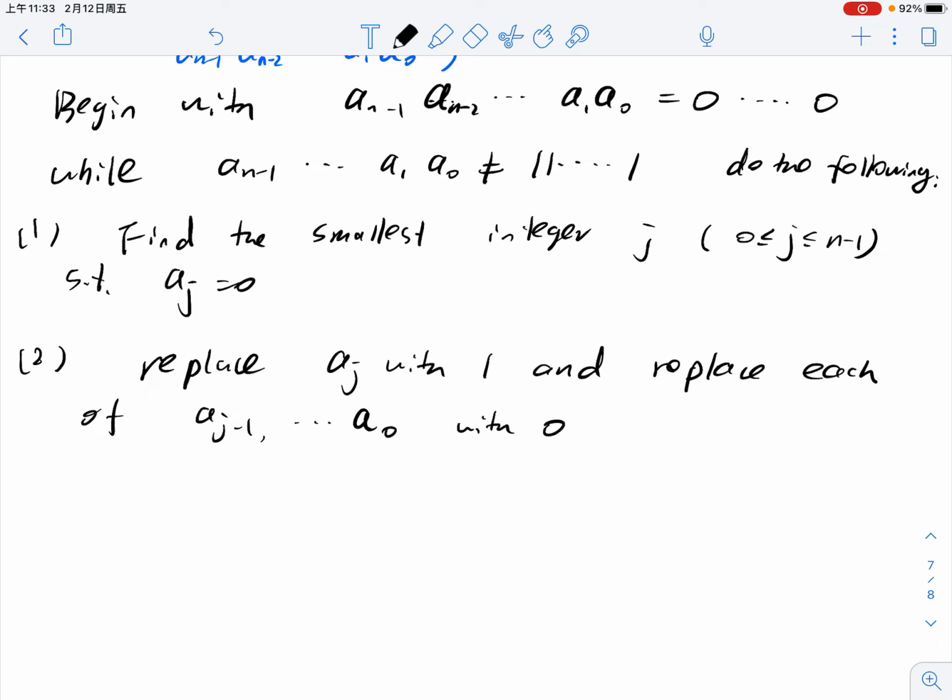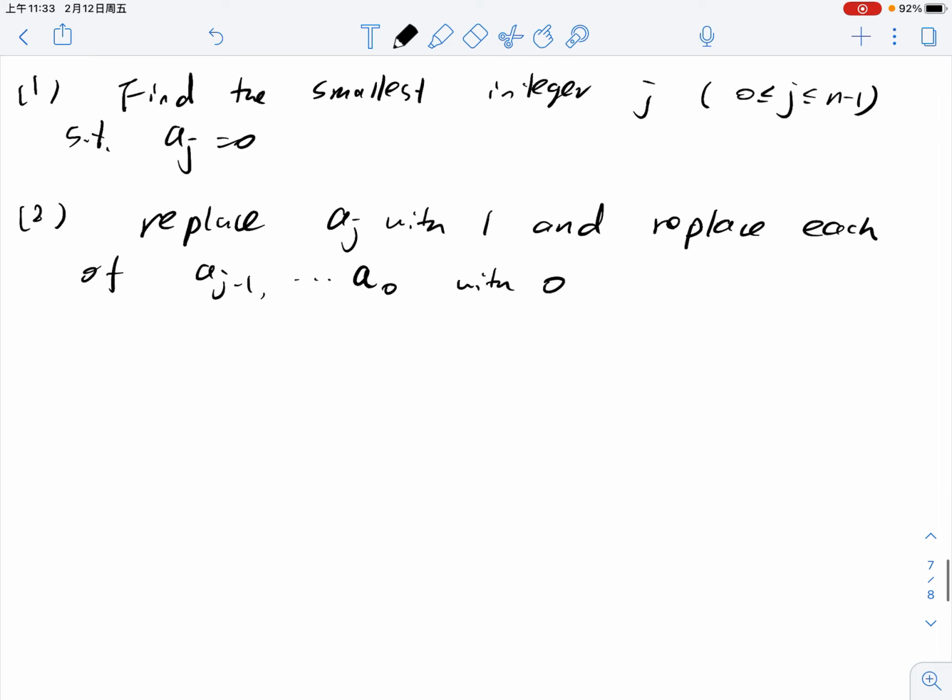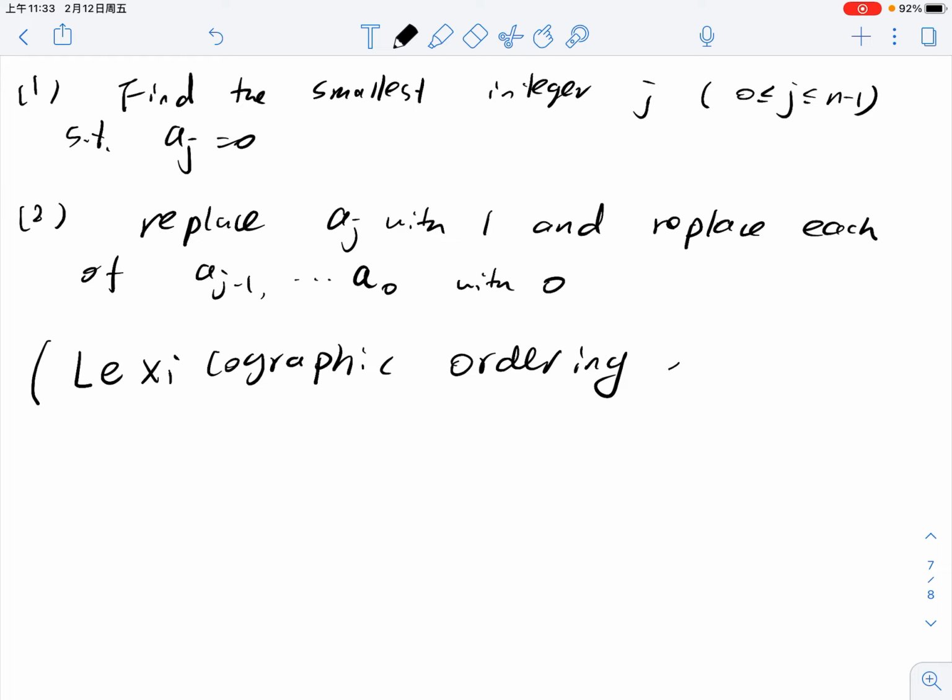So actually this is just adding 1. And this is the so-called lexicographic ordering of n-tuples.